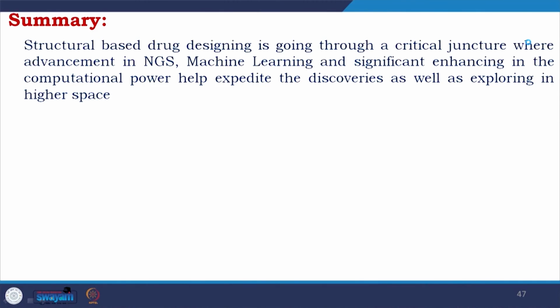So, coming to the summary of the class, structure based drug designing or drug discovery is going through a critical juncture, a very prime time where advancement in NGS, next generation sequencing, machine learning in biology and significant enhancement in computational power help expedite the discoveries as well as exploring higher space, higher numbers.